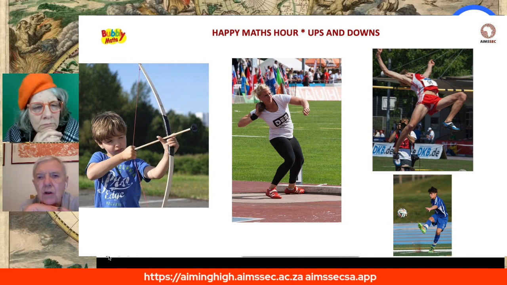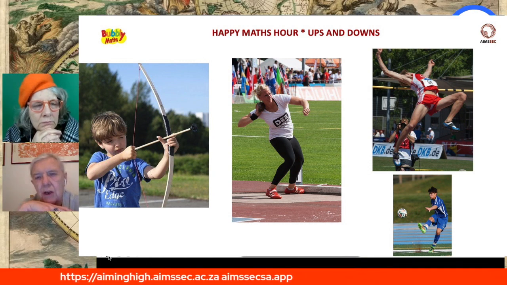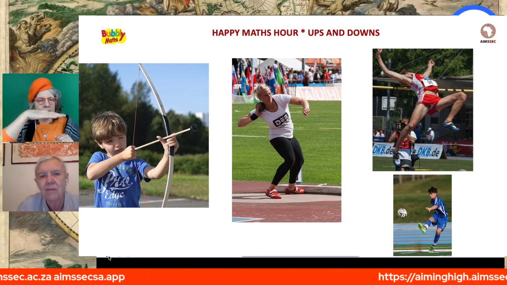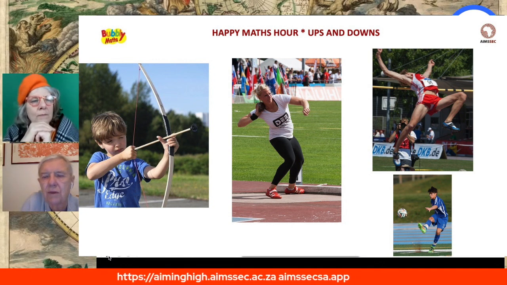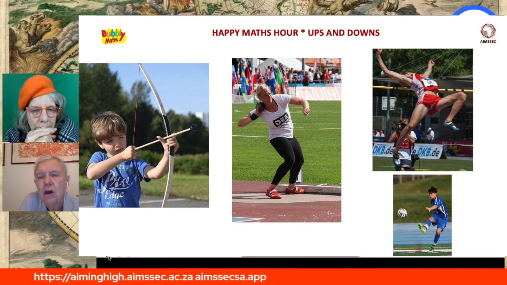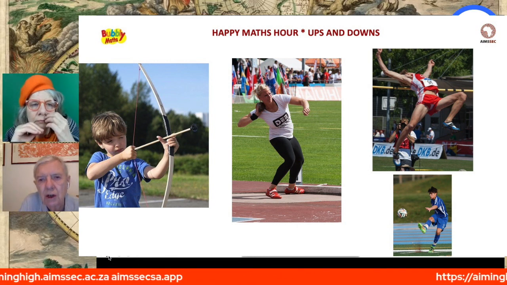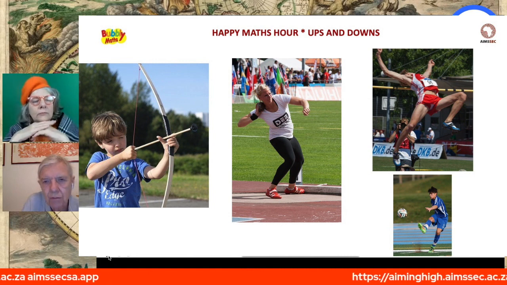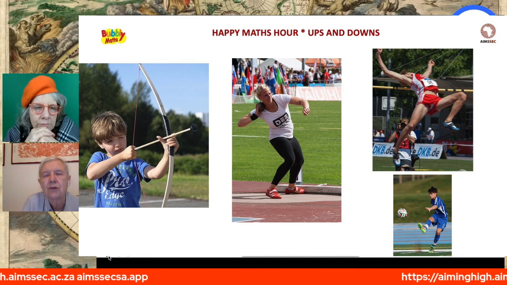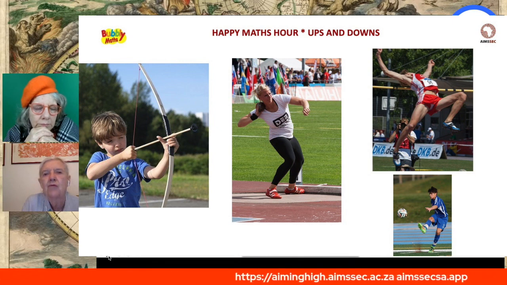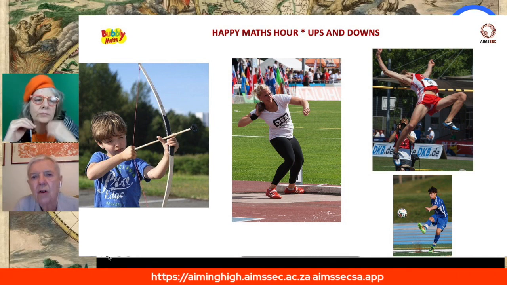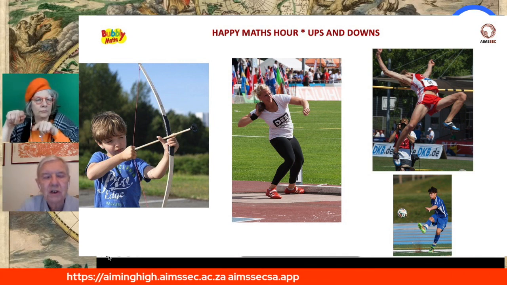Now, the horizontal motion doesn't change unless it's traveling through something very thick or there's a very strong current or wind or something. But in general, there's almost no change in the horizontal motion. What makes for this parabolic path is the fact that gravity is acting on everything in this world.